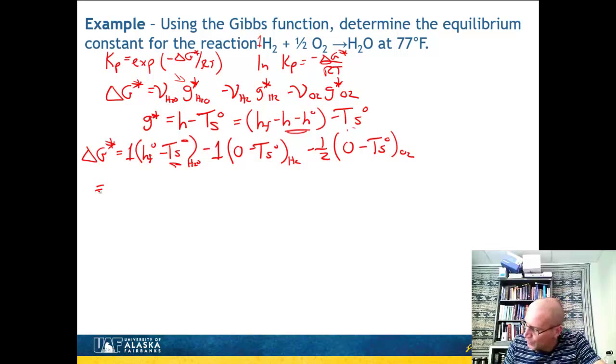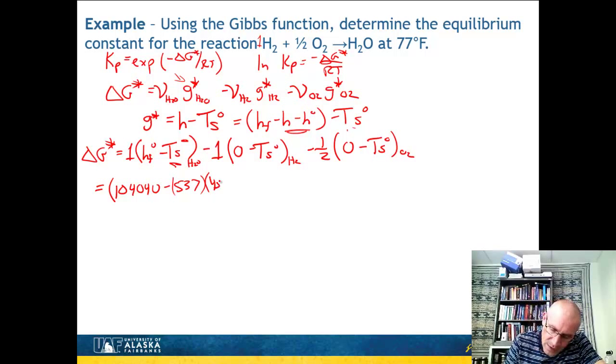Let's go ahead and put our numbers in here. So this is of the water. Heat of formation is 104,040. That's the heat of formation of water. Minus the temperature, 537 Rankine. And then if I look up S0 at that temperature for water, that's 45.1. And now I'm going to subtract the hydrogen.